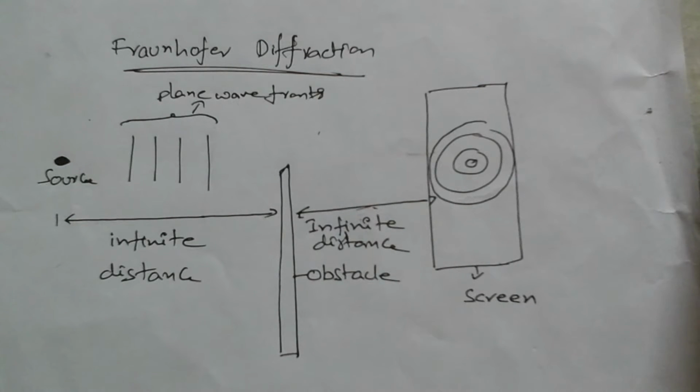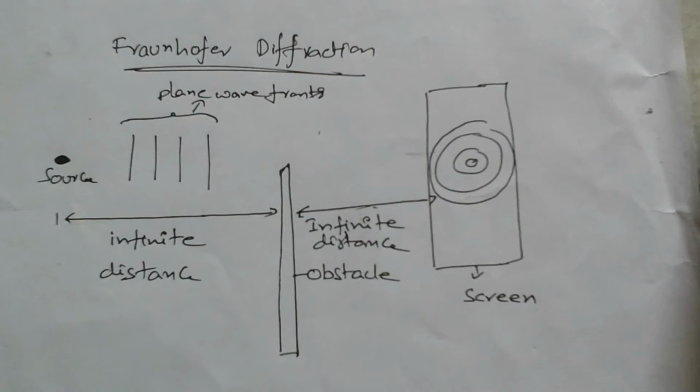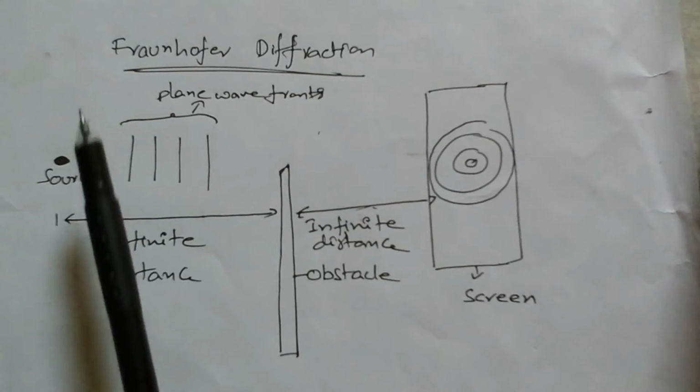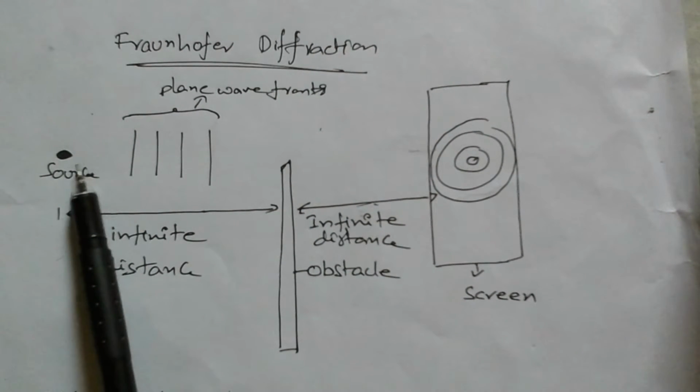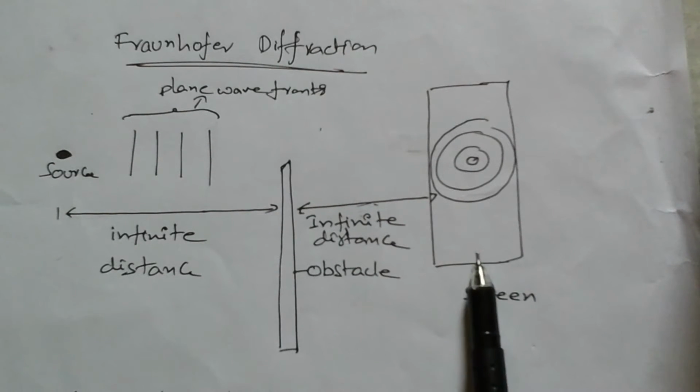Now we are discussing Fraunhofer diffraction. In Fraunhofer diffraction, we take a source S, an obstacle and a screen.